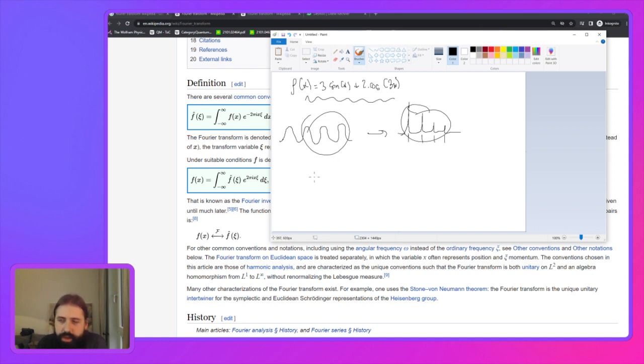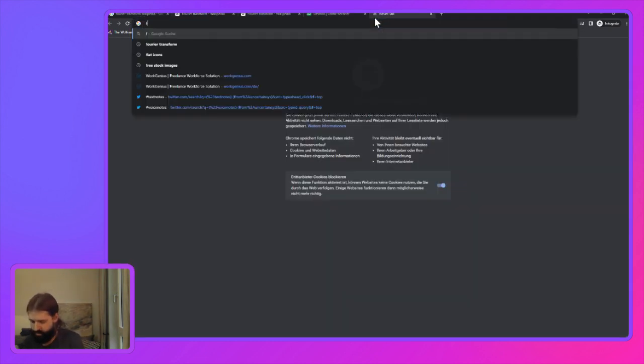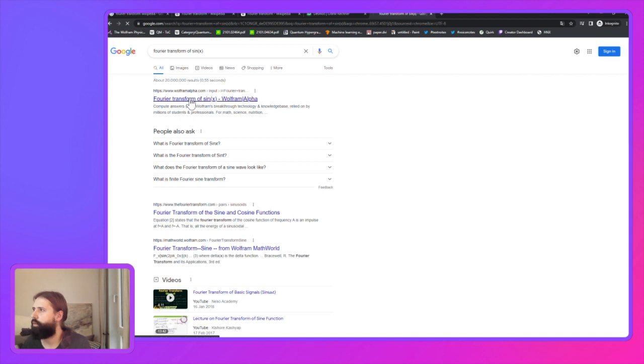Let's just take the Fourier transform of the sine function, just something very simple, right? Wolfram Alpha. Let's go.